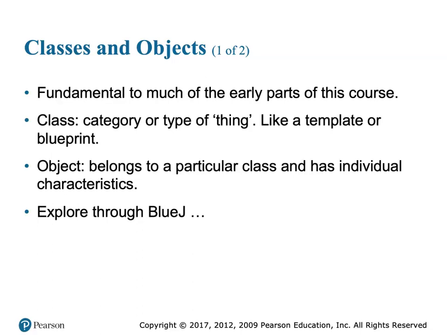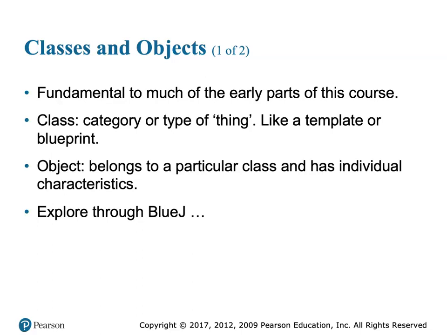We're going to pick up working directly with objects from the start. And our purpose is to begin to extend that idea about what objects are and what classes are. BlueJ will assist us in that, and we'll see how that works in a bit.